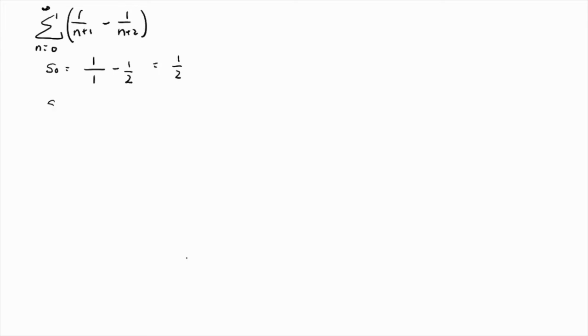Then we generate our first partial sum, which is 1 over 1 take away 1 over 2 plus another term, 1 over 2 take away 1 over 3. When you evaluate the first partial sum and open up the brackets, you will notice that minus half cancels with a half, and the sum is 1 take away a third.